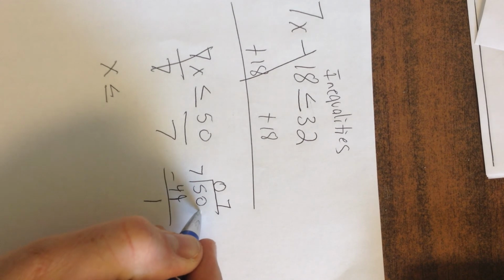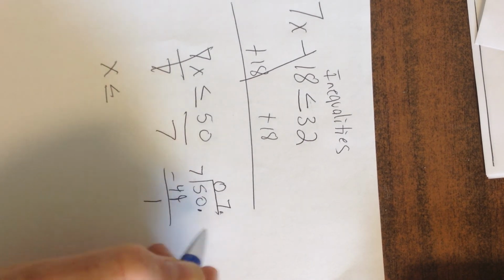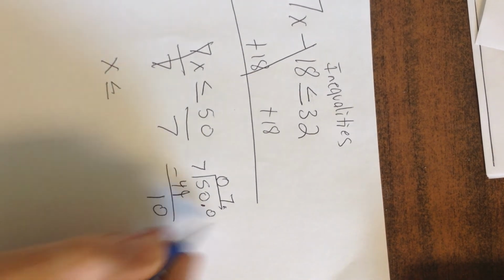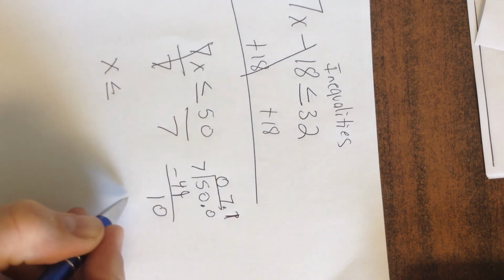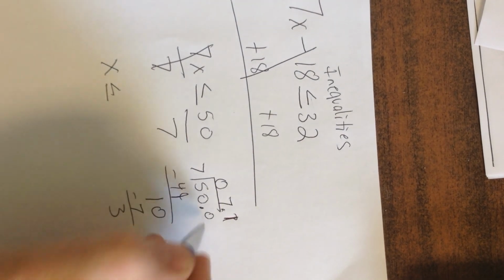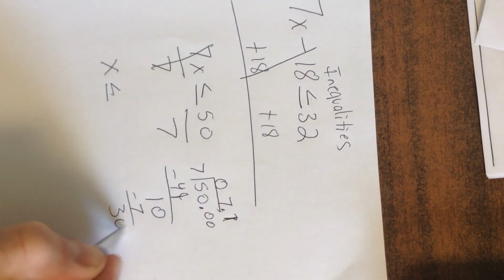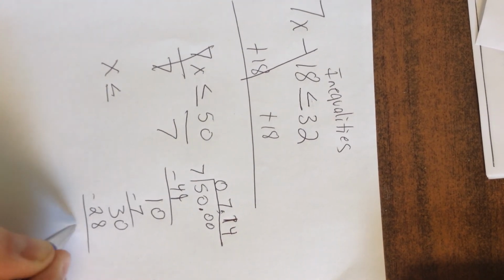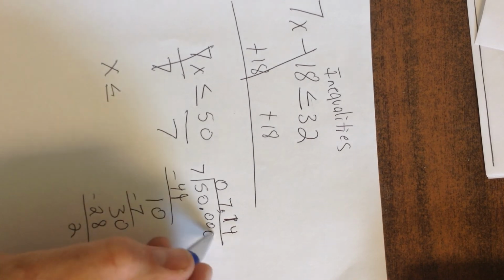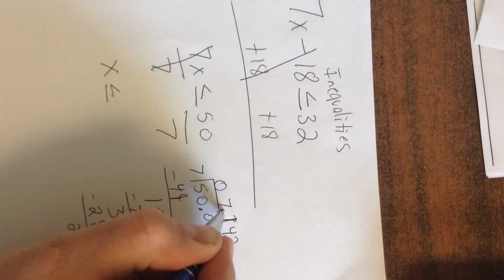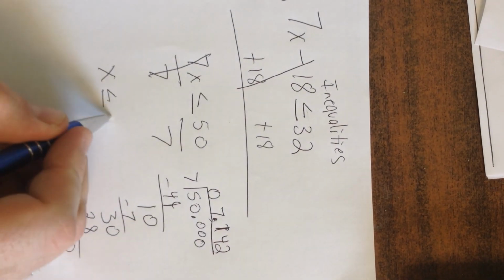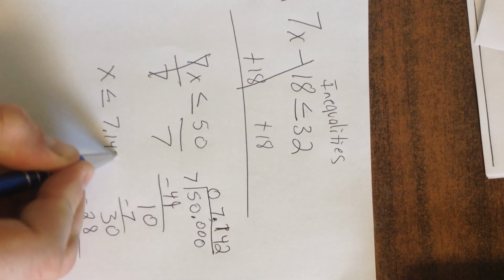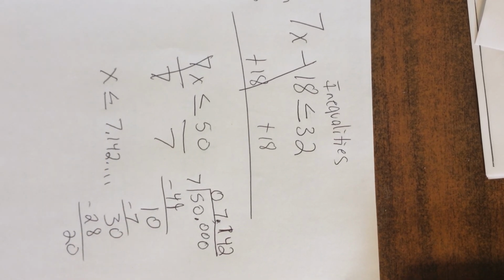No. Put my decimal, 0, fits in there once, subtract and get a 3, drop another 0, fits in there 4 times, gets me a 28. Drop another 0, fits in there twice. And once again I'm going to stop because it's the third number behind the decimal.